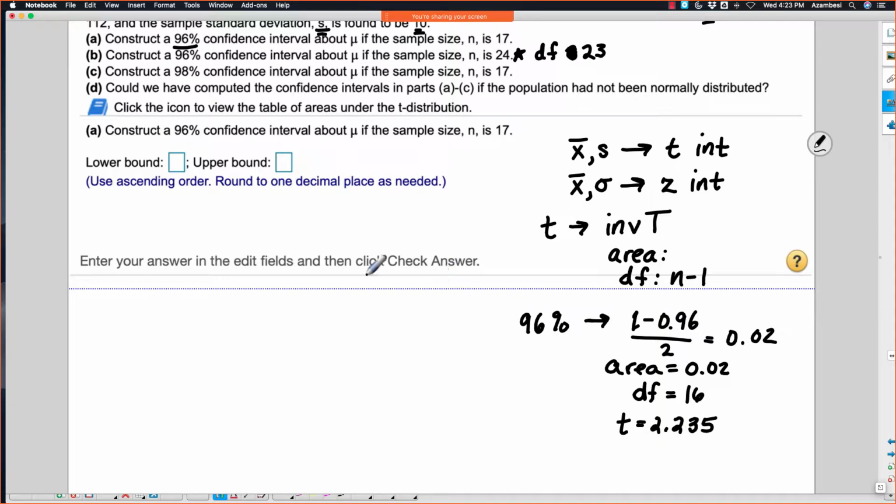Now you only need to actually find your values of t if you're asked for what is the value of t. If you're just asked for the lower bound and upper bound, then we're going to use the t interval button. So that's under stat and tests, and it is option number 8. And it's t interval.